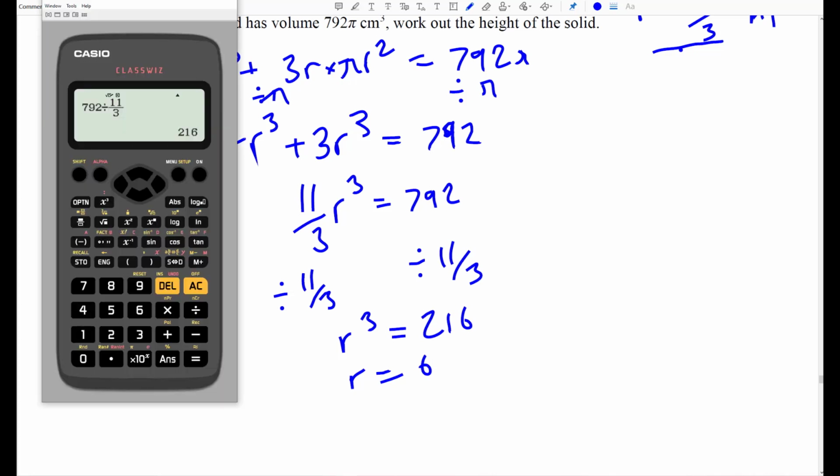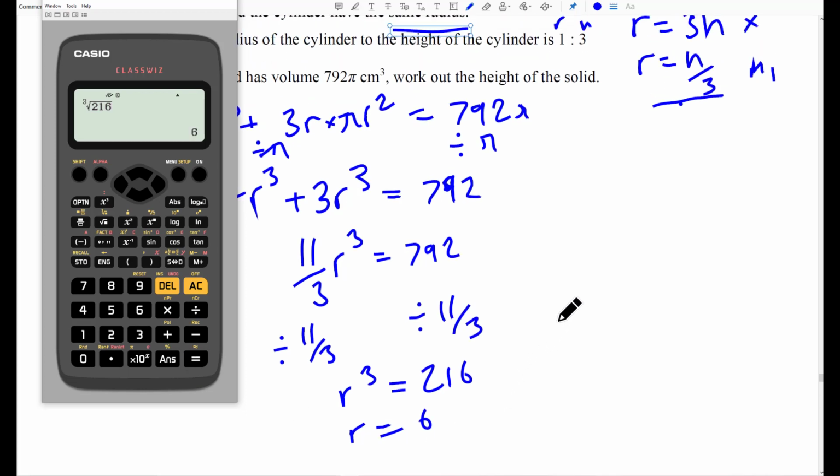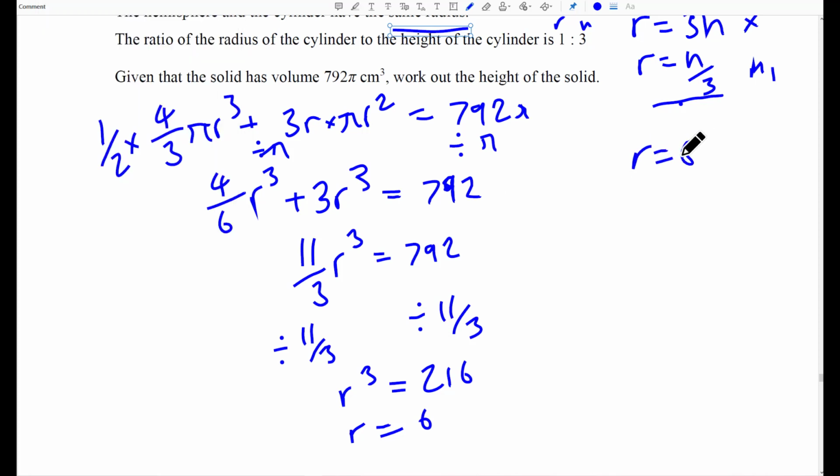We don't know how to do that by hand, but on the calculator, the cube root of 216 is 6. R equals 6, so if r equals 6, h is going to be 18 because it's 3 times.